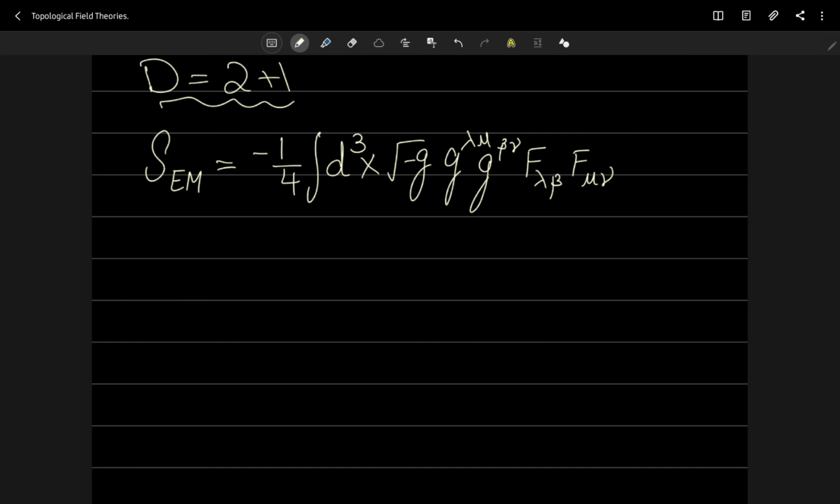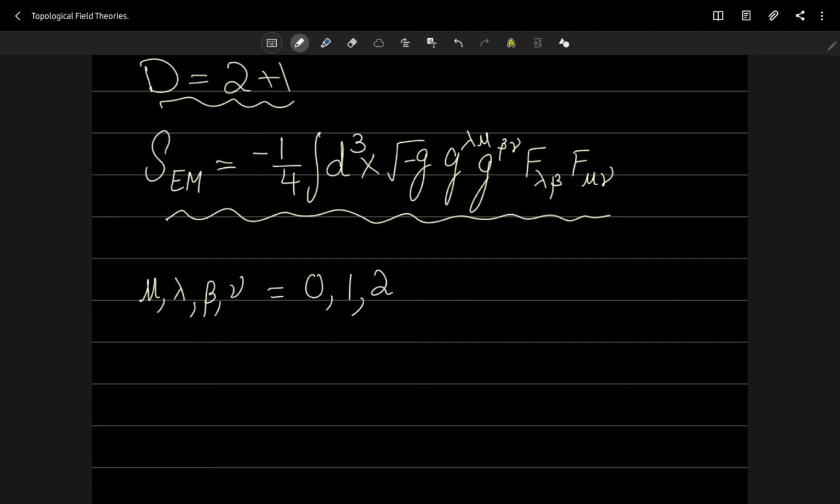And this whole action is actually unchanged, except that your mu, lambda, beta, and nu take the values 0, 1, 2.